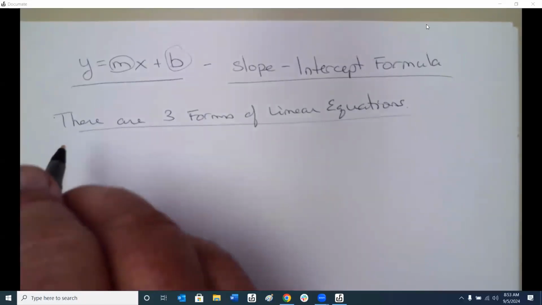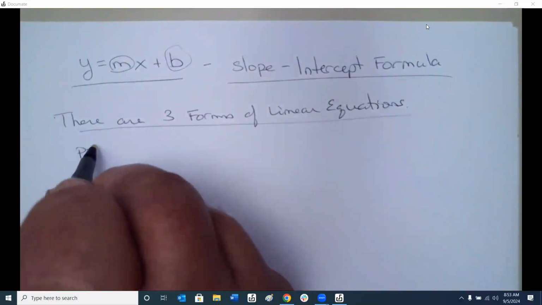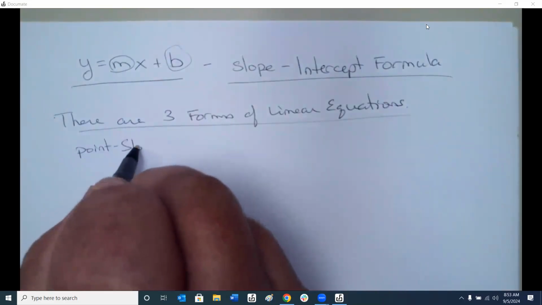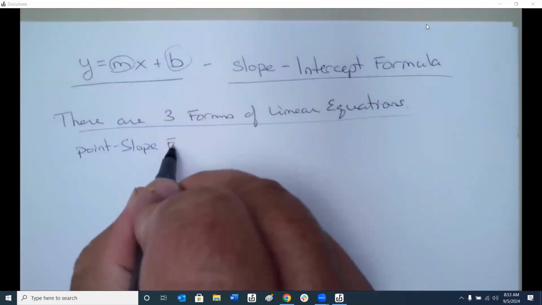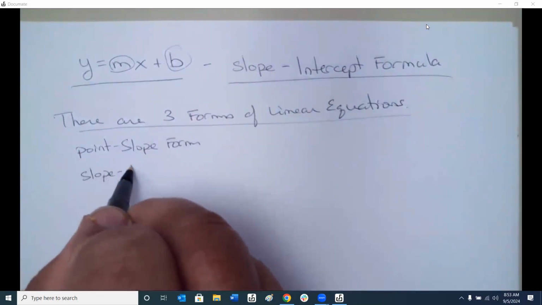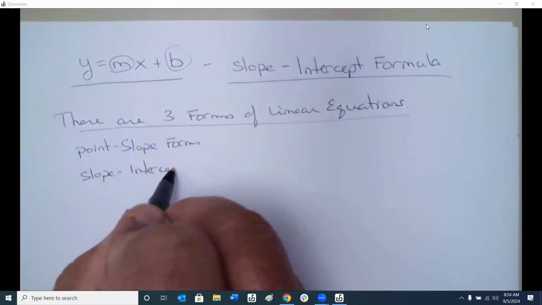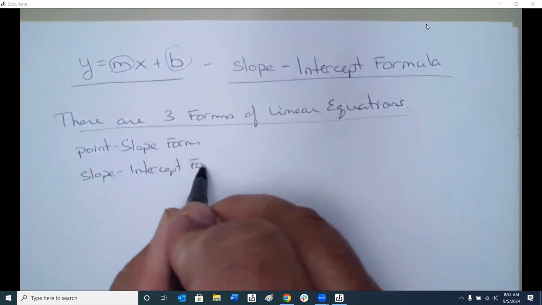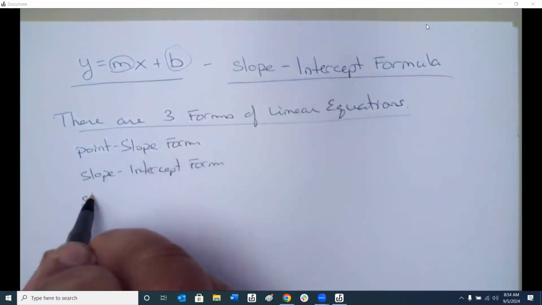I even give you their names. The point slope form, the slope intercept form, and the standard form.